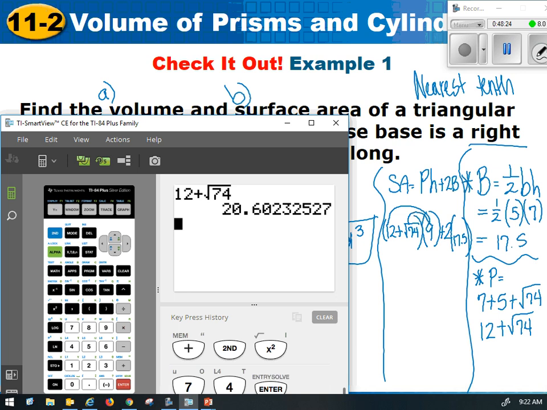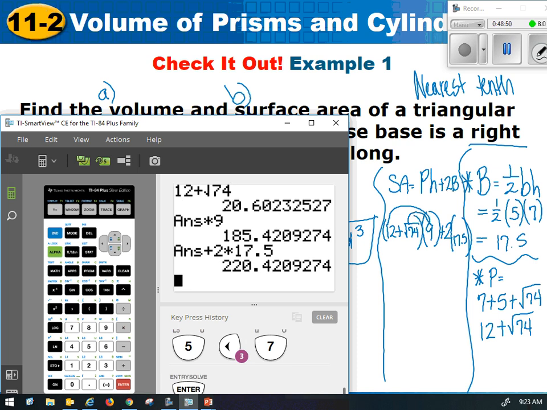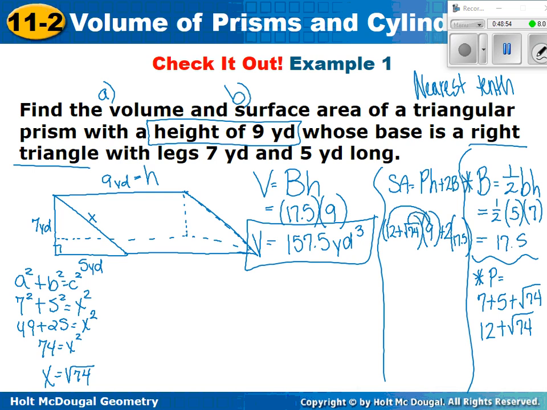And then what am I going to do with that number? Multiply it by the height 9. Hit enter. And then what are we going to do with that? Add 2 times what? 2 times 17.5. And hit enter. And do you get about 220.4? Awesome. Okay.